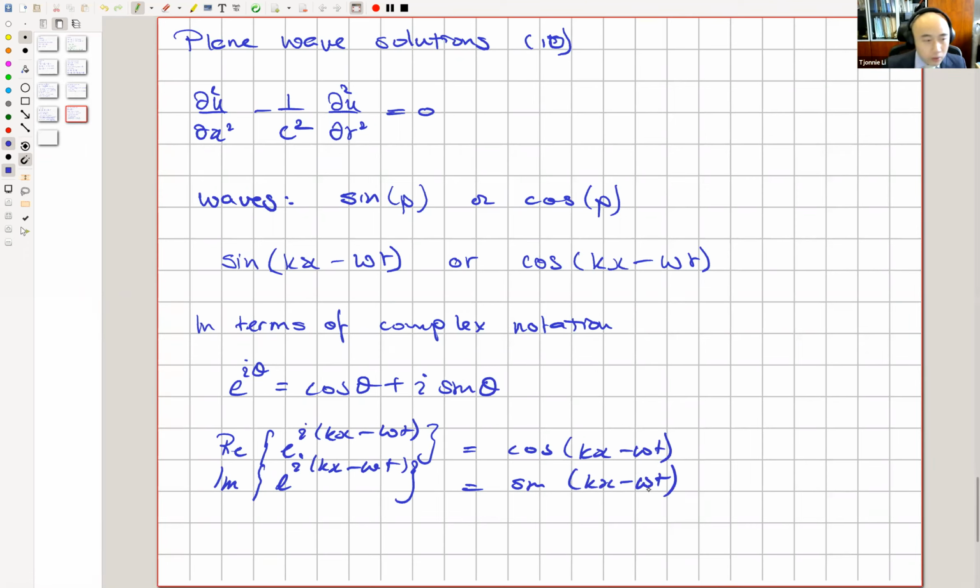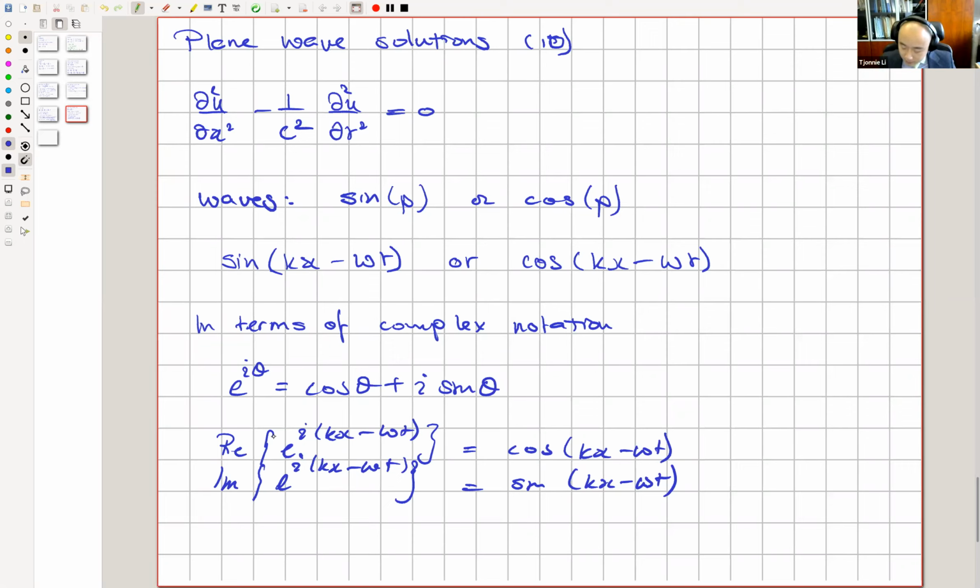Okay, and so when I'm considering, for example, cosines, I could still write it in the complex notation, and just have to remember to take the real part of the complex notation when I'm considering the physical fields as opposed to some complex field, right? The electromagnetic field is a real field, a real vector field, and so we take the real part when I'm considering the final physical solution.